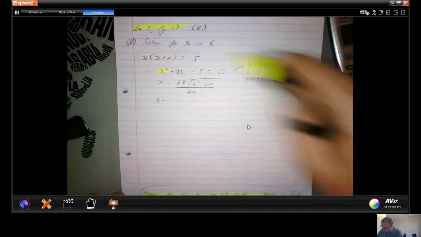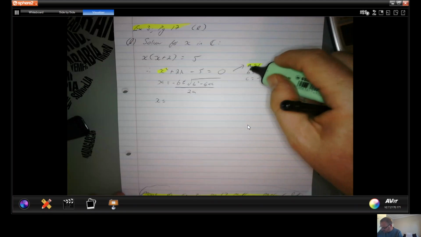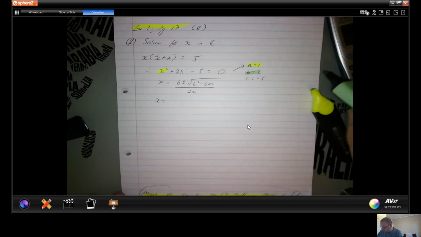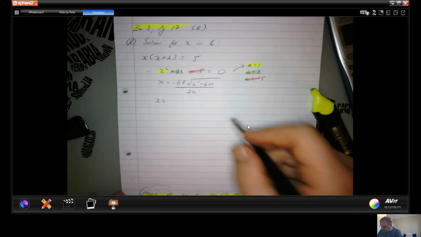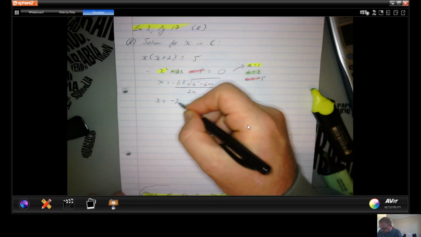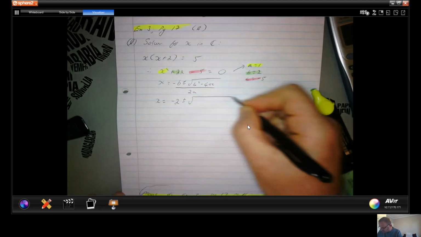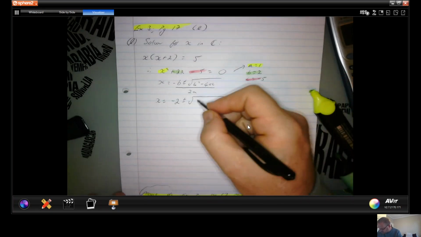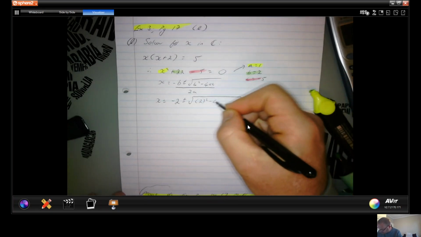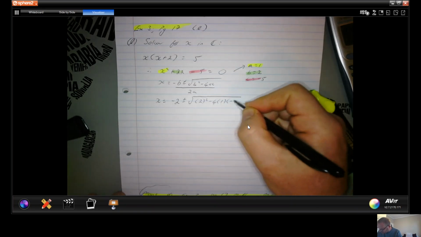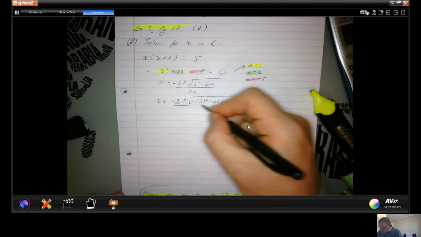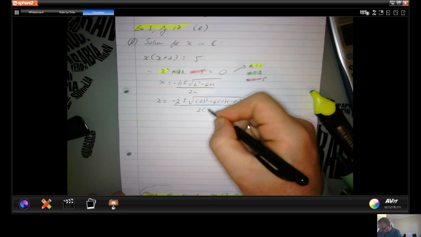a is 1, b is equal to 2, sorry, not negative 2, and c is equal to negative 5. So you plug those in. You're going to get negative b, which is negative 2, plus minus the square root of b squared, which is 2 squared, minus 4 times a is 1 times c is negative 5, all over 2 times 1.